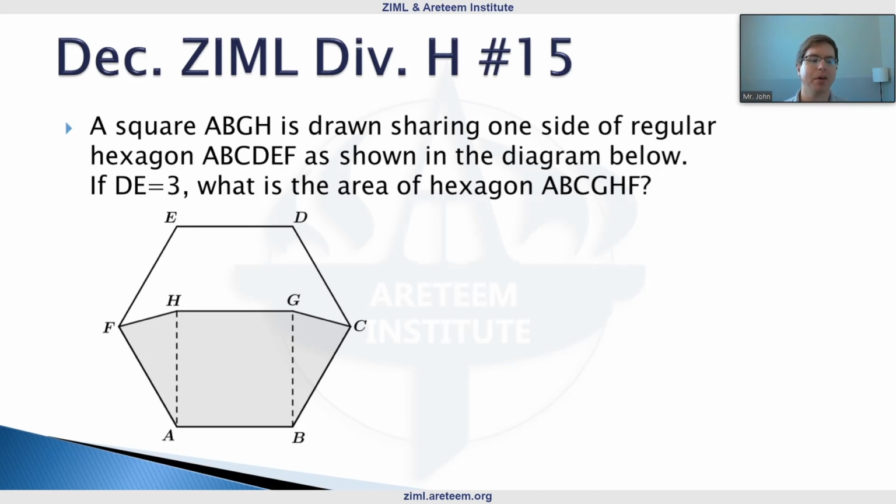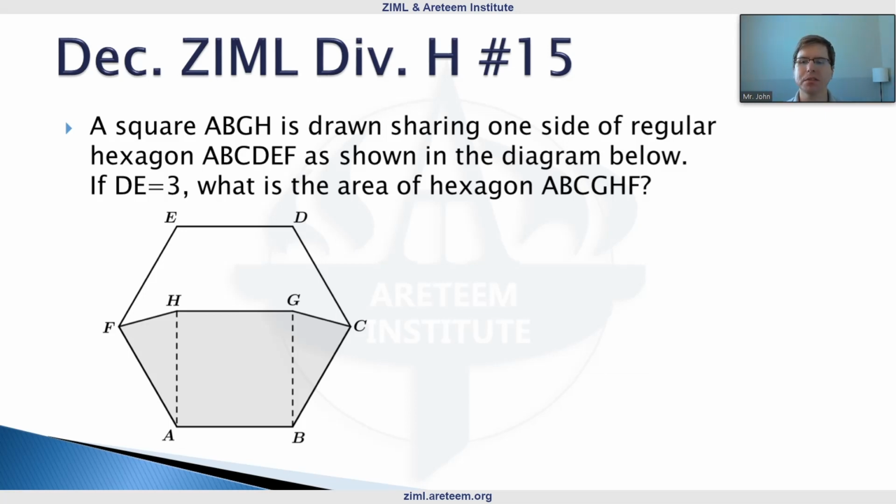Here we have a pure geometry question, which is going to test some of our vocabulary and things like that as well. So a square ABGH is drawn sharing one side of regular hexagon ABCDEF as shown in this diagram below.